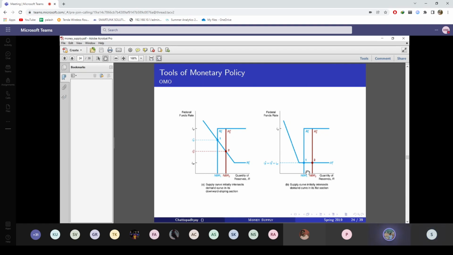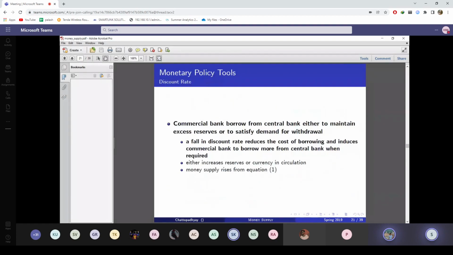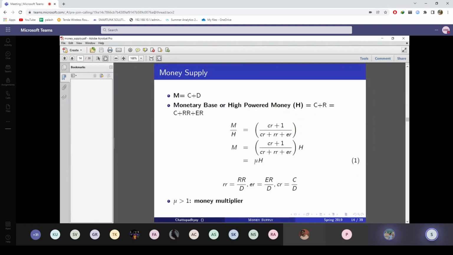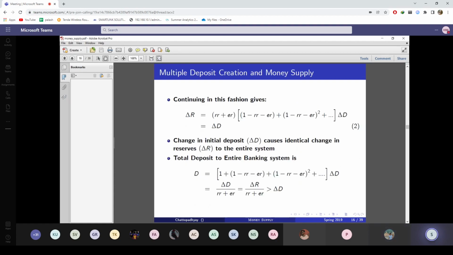Money supply remains the same. How is it possible? The interest rate is the same, so there is no change in money supply? In this money supply equation, is there any interest rate over here? Ultimately, money multiplier and high powered money determine money supply. So reserves rise means high powered money rises. The money supply is going to rise anyway.